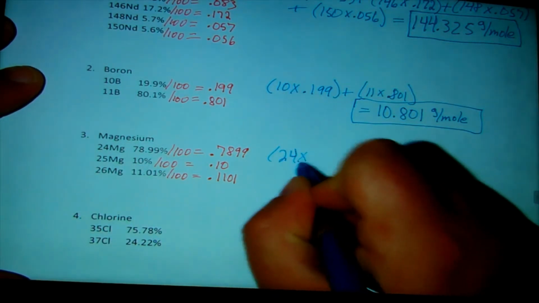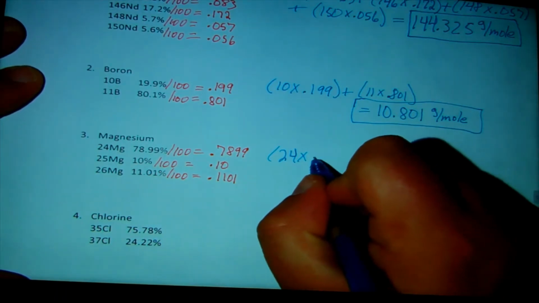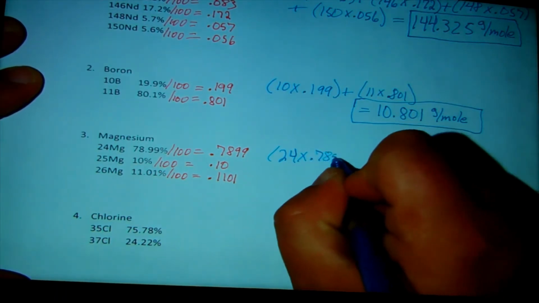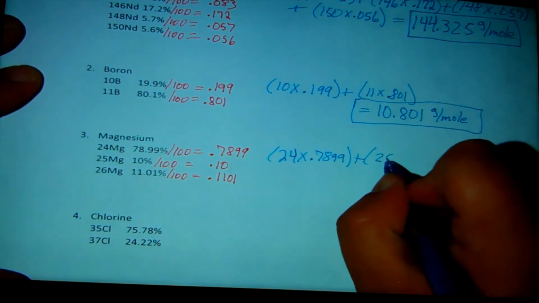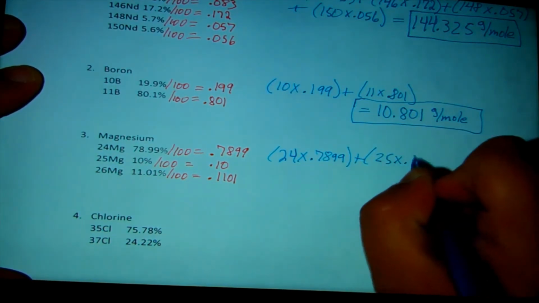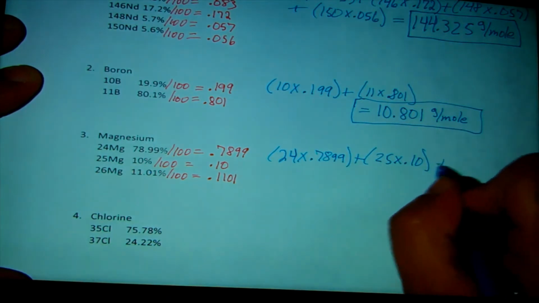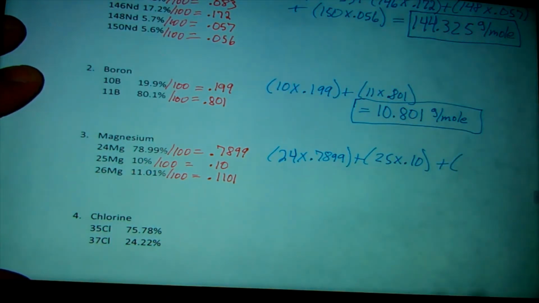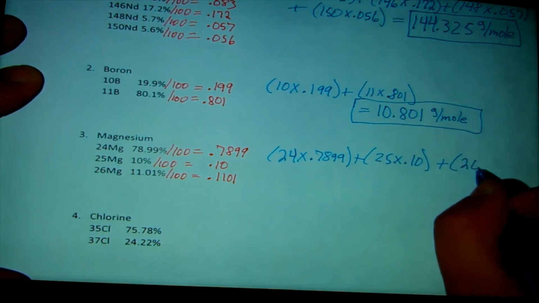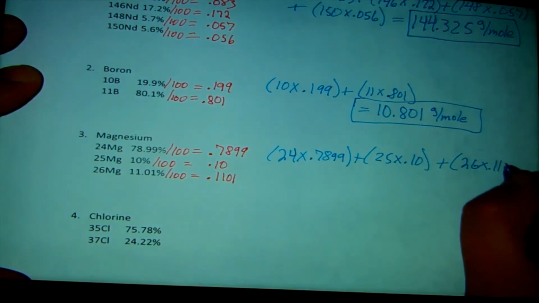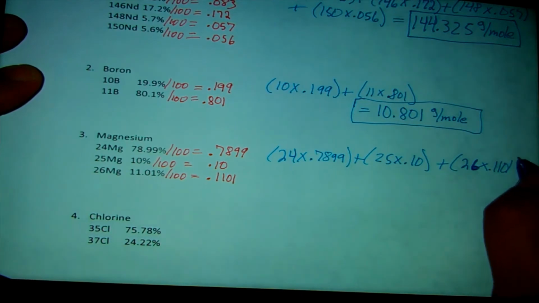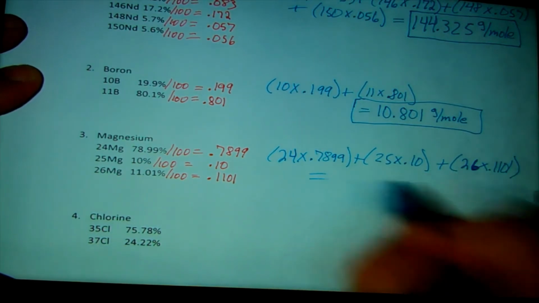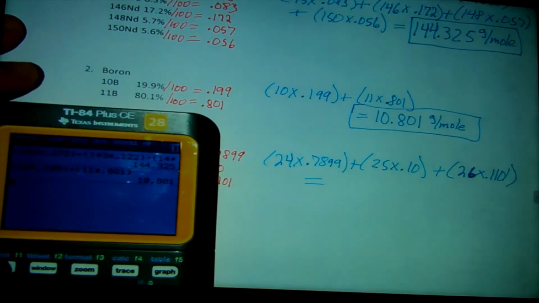24 for magnesium, 24 times 0.7899 plus 25 times 0.10 plus 26 times 0.1101. That 6 looks like a G. Here we go. Let's fix that. Let's type that in the calculator.